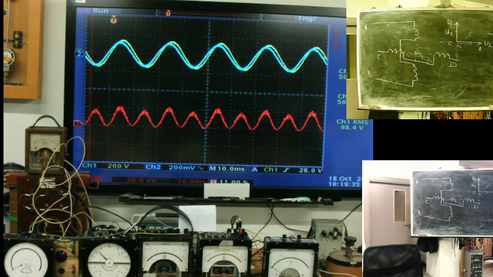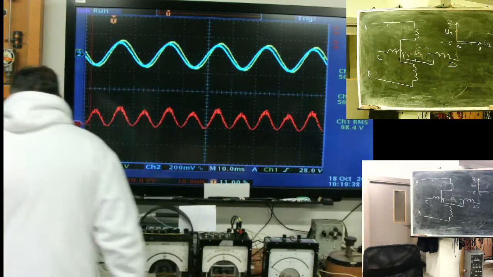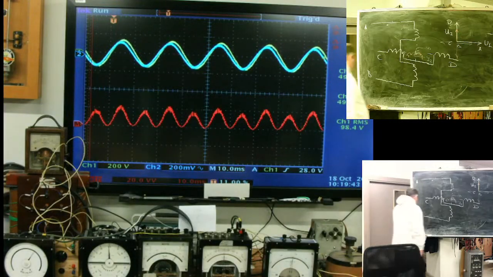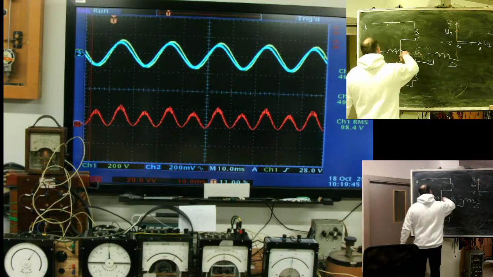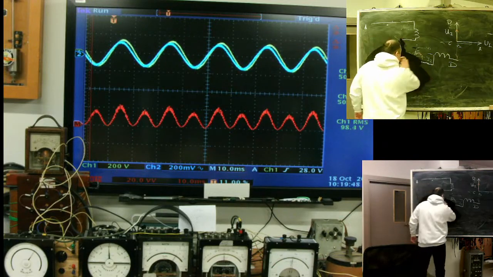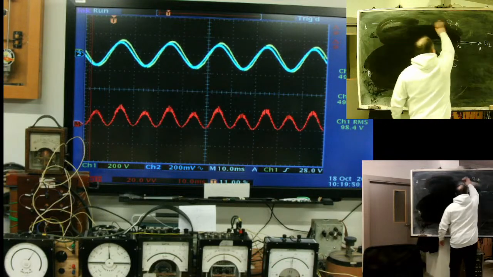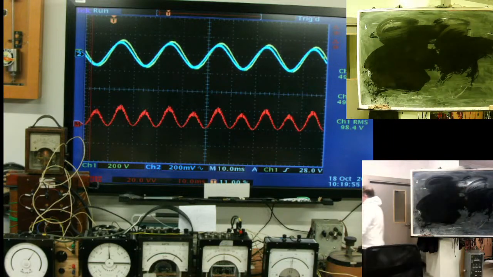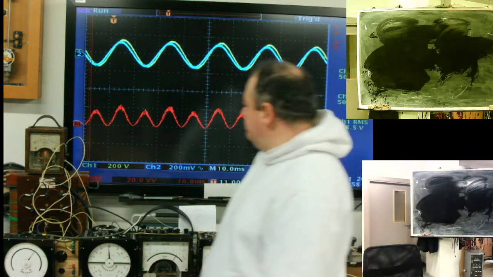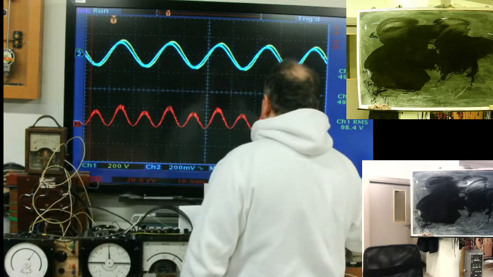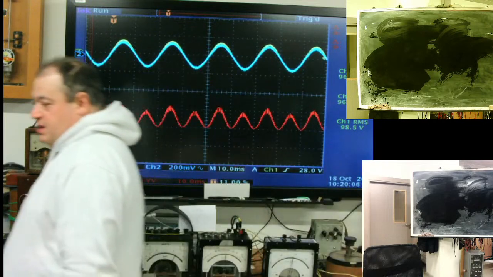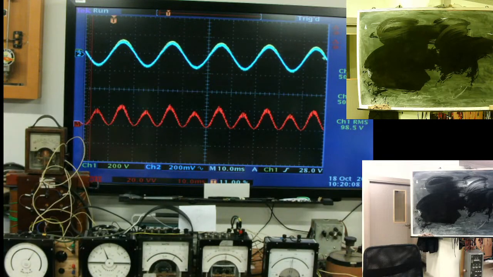Now, what do you see? I'll put the power on. I have three lines on my scope, yeah? Yellow, blue, and red. The yellow line is the network voltage, simple voltage.